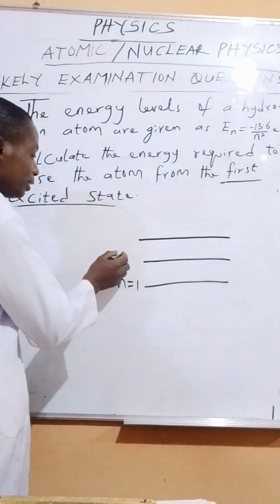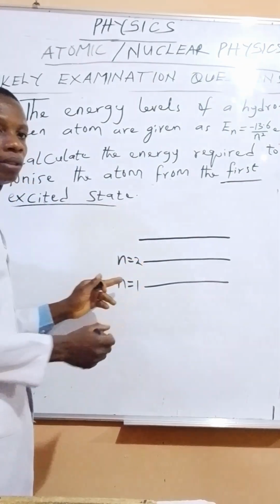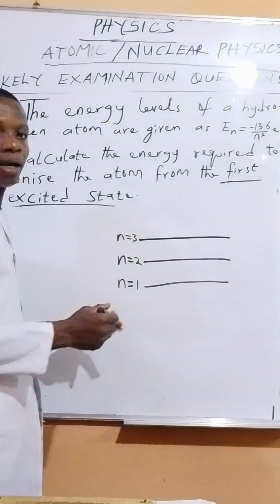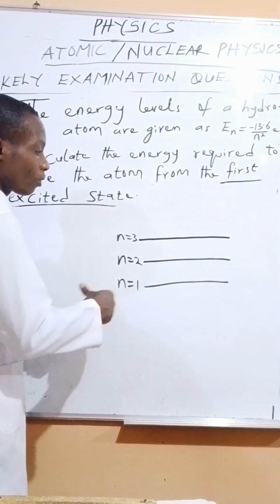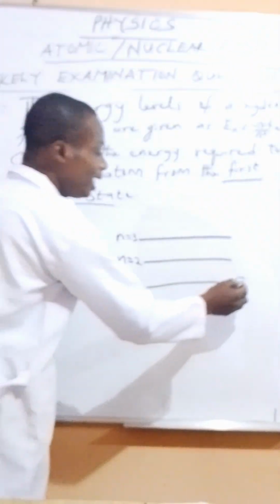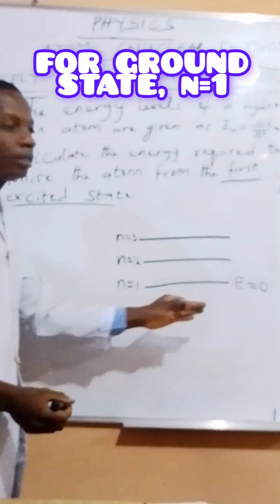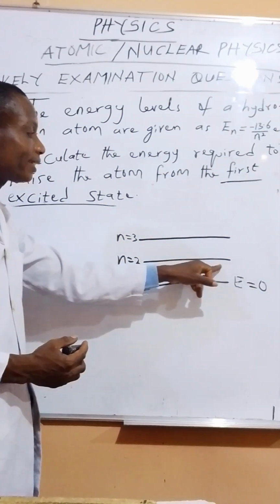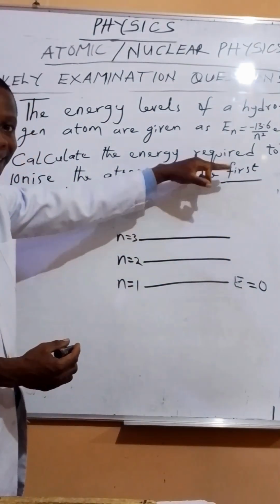The second one is n equals 2, and the third one is n equals 3, and so on. Now, in the first line, the energy is 0. This is known as the ground state.